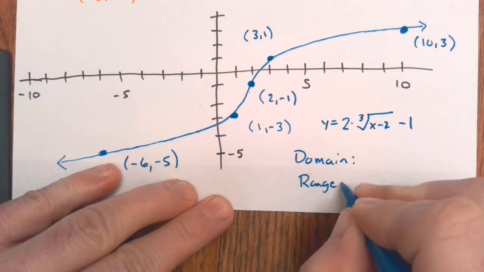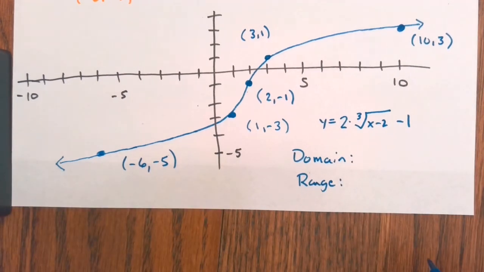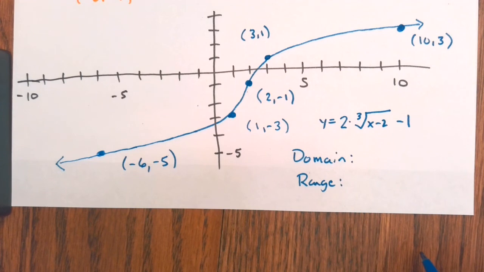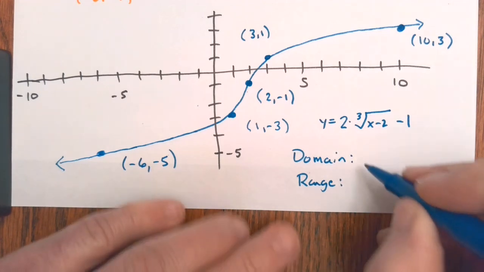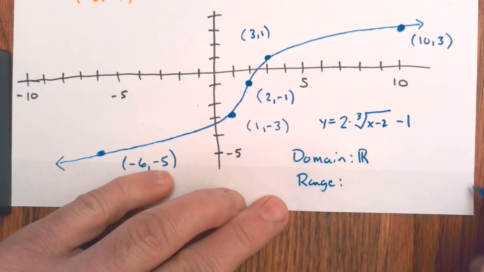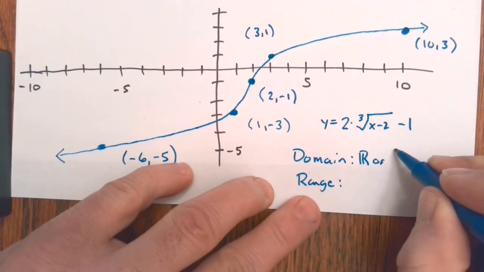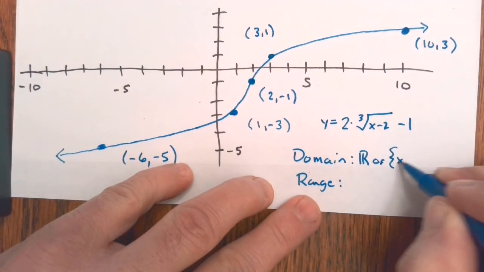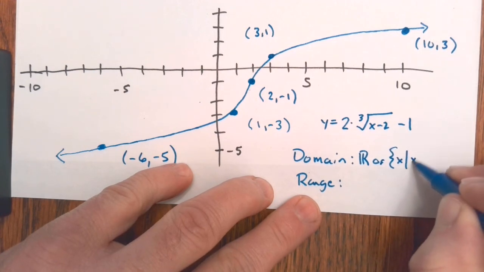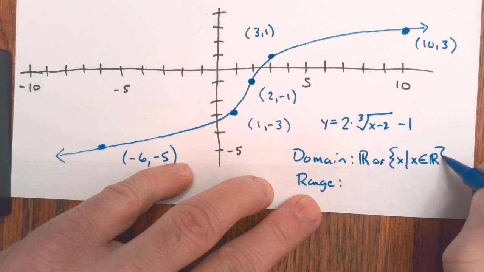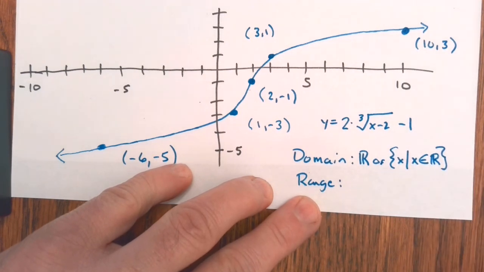Domain and range for cube root functions is pretty easy. This graph goes forever to the right and forever to the left, so our domain is all real numbers. You could use the all real number symbol. You could use set builder notation. Like that.